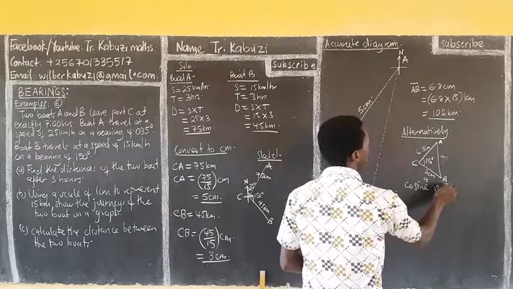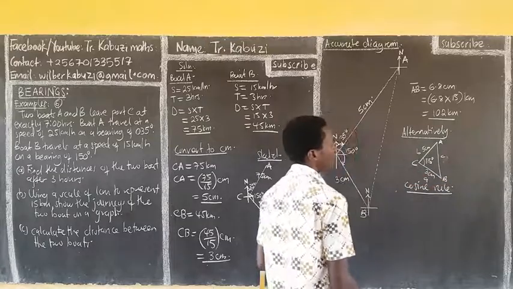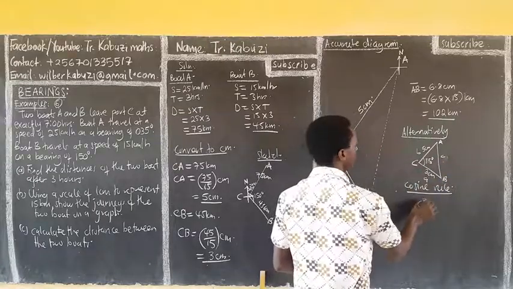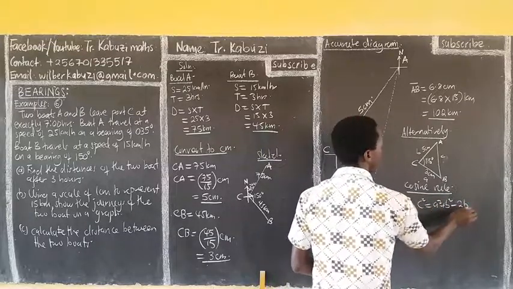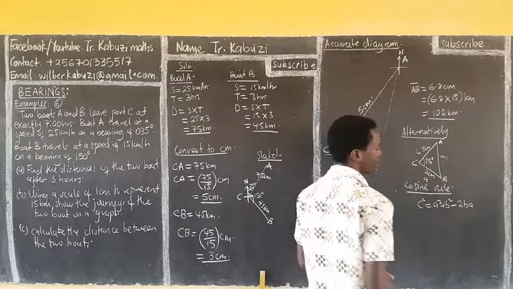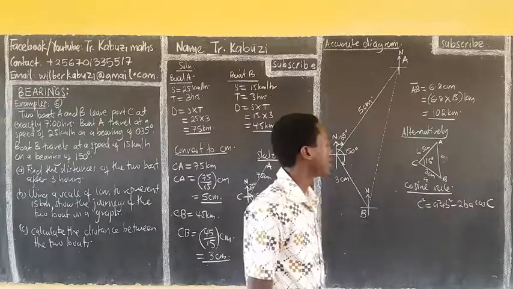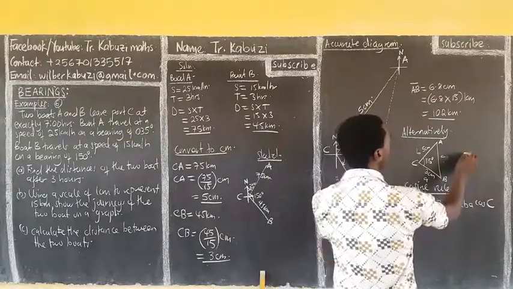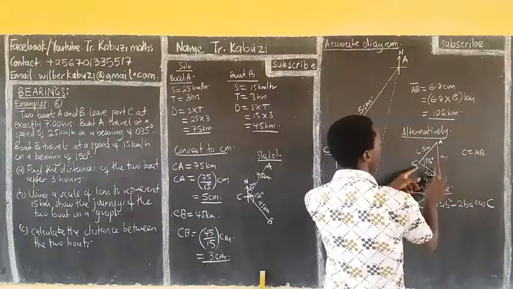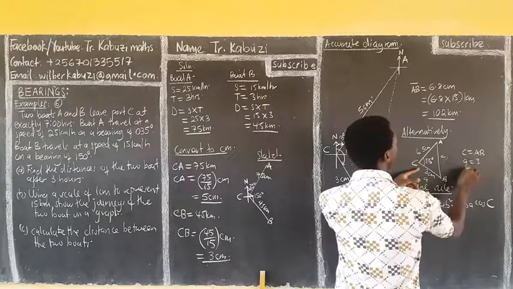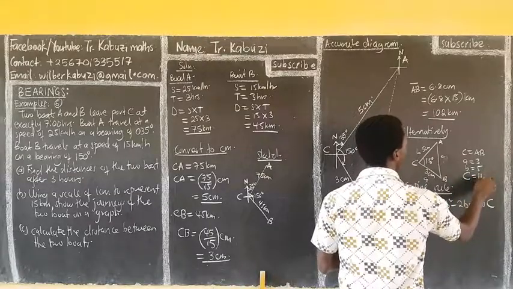Using the cosine rule, now we want this C. The cosine rule says, if you are missing this, C squared will be A squared plus B squared minus 2BA cos of the angle C. Our C is AB, our A is 3, our B is 5, and the angle C is 115.